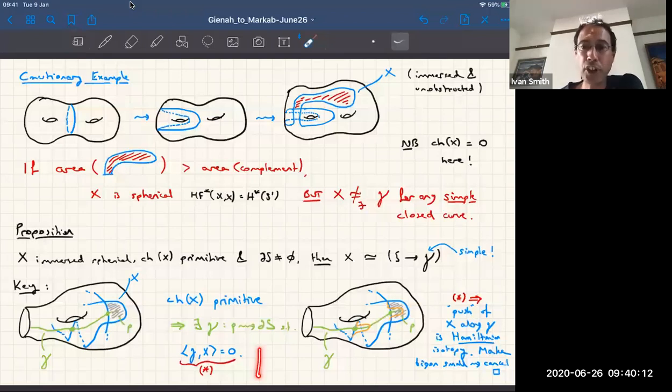But this has the function of pushing one side of X towards the other side as regards this bigon. So I shrink the area of this bigon, and eventually I shrink it to be smaller than everything else around. Then I can do some kind of local cancellation, inverse to just introducing a silly pair of cancelling intersection points by pushing a curve through itself.